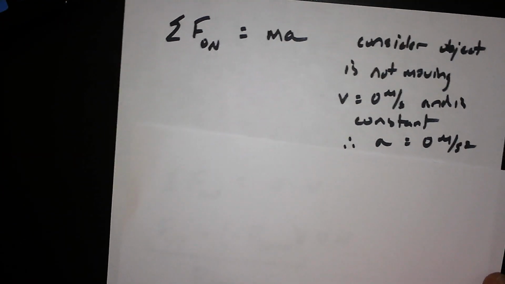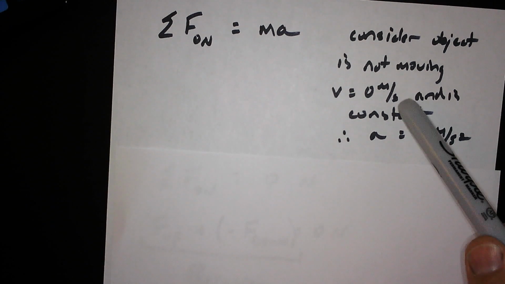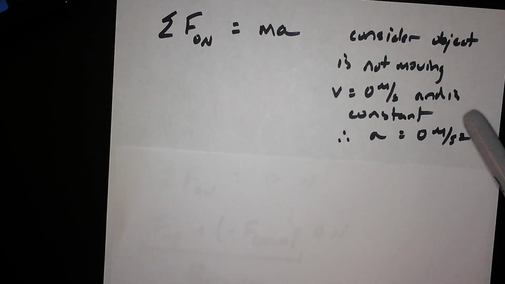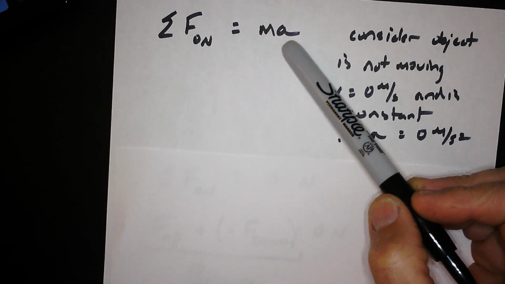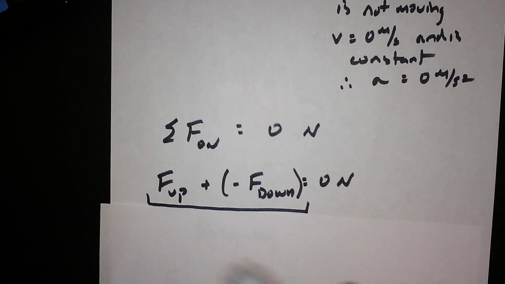So let's jump over to Newton's laws. If we look at the forces acting on the object, it's equal to the product of mass and acceleration. F equals ma. Nothing's changed here. But as I mentioned, we're going to consider that the object is not moving, has a zero velocity in the vertical direction, and it's constant and zero. Therefore, the acceleration is zero. So this side of the equation goes to zero. The sum of forces acting on the object is zero: force up plus force down is equal to zero.